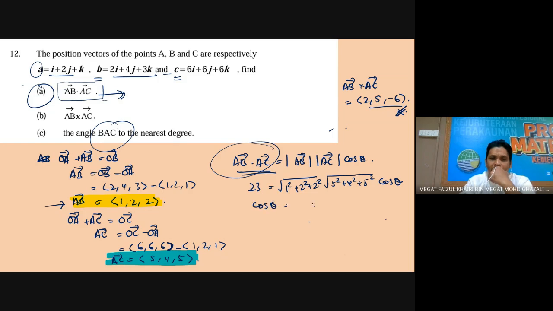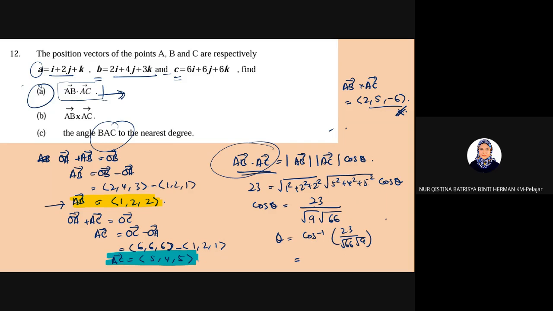So cos theta equals 23 divided by the square root of 4 plus 4 plus 1, which is 9, times the square root of 25 plus 25 plus 16, which is 66. Theta equals arc cos of 23 divided by square root of 66 times square root of 9, which equals 19.3.